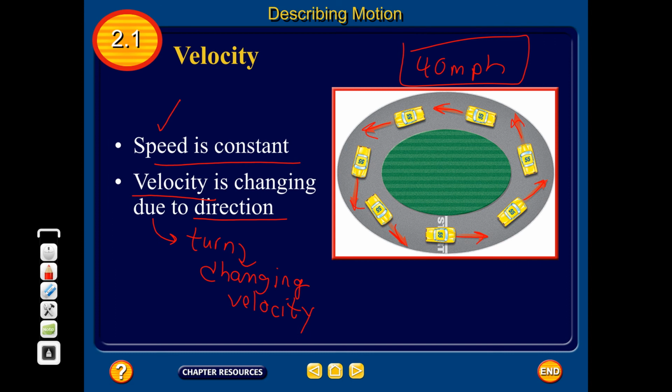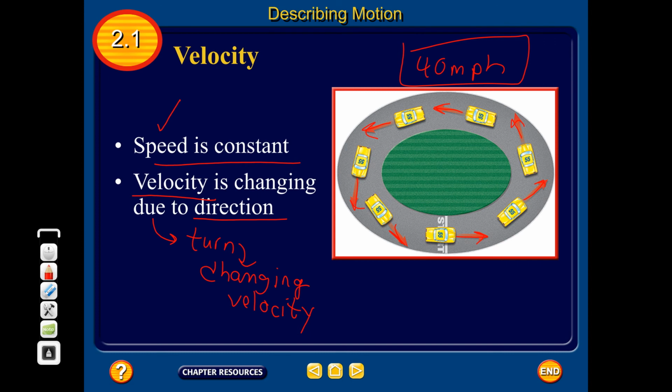All right? And that's important because when we talk about momentum and other kind of physics concepts with this, we have to add in the direction to figure out exactly what will occur with maybe a force or energy, not necessarily energy because energy doesn't care about direction, but with a force involved. Momentum, like I said, cares about direction.